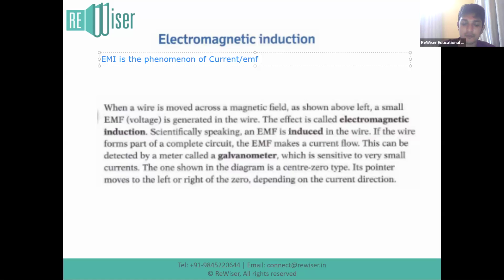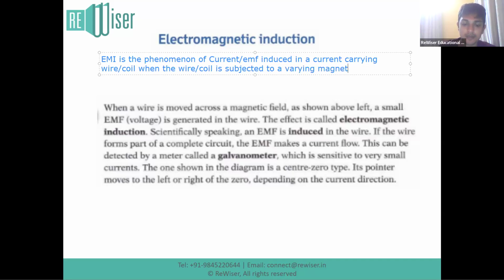Current or EMF produced or induced in a current carrying wire or a coil when the wire or the coil is subjected to a varying magnetic field.